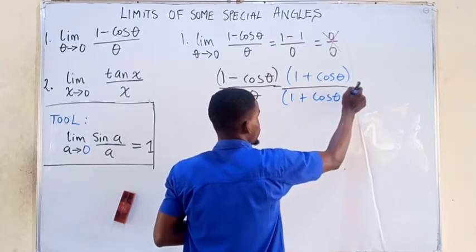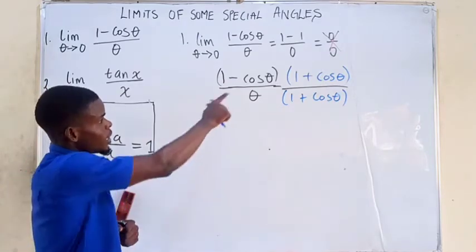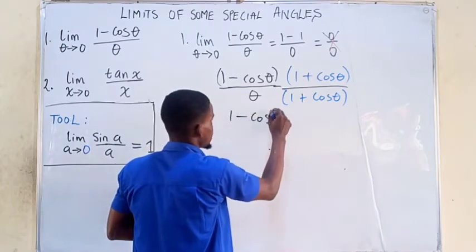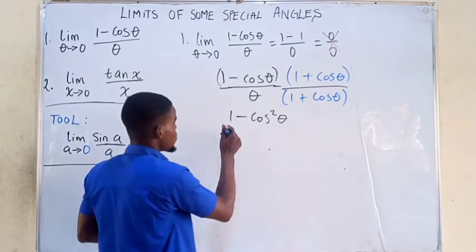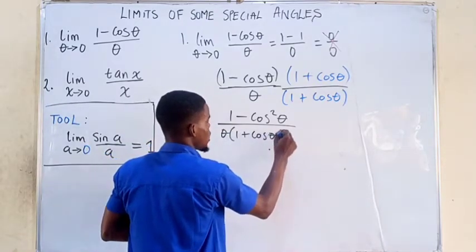This kind of multiplication is called multiplication by 1. Let's expand the numerator. We're going to have 1 minus cosine squared theta. The denominator is theta times (1 plus cosine of theta).